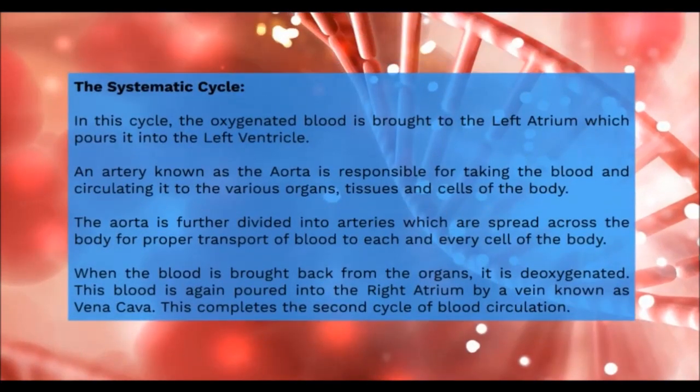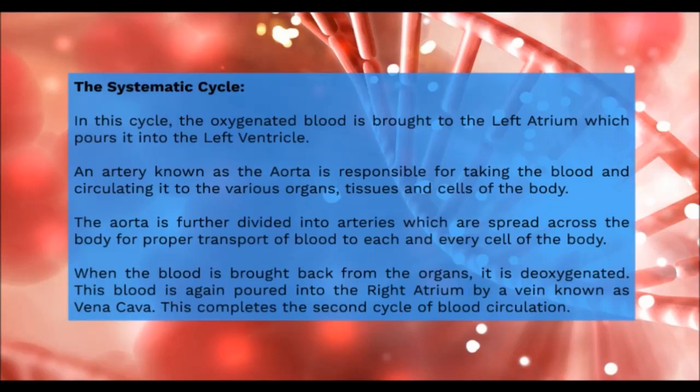The systemic cycle. In this cycle, the oxygenated blood is brought to the left atrium, which pours it into the left ventricle. An artery known as the aorta is responsible for taking the blood and circulating it to the various organs, tissues and cells of the body.